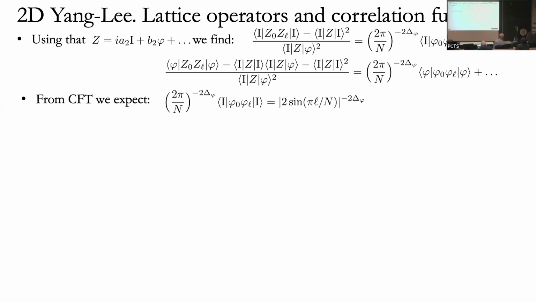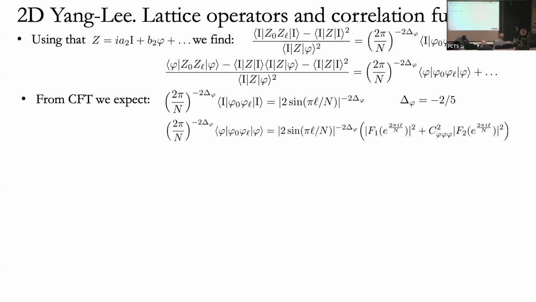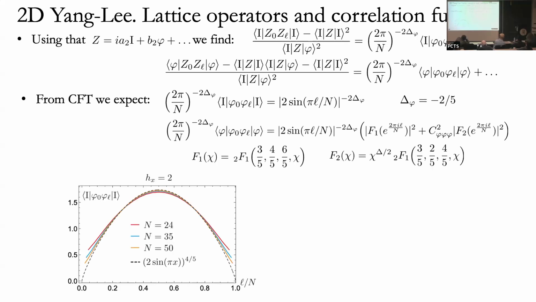From CFT, you would expect the correlation function, which is written in Cardy's paper, to use the vacuum, and that grows as a power. Using the identity operator, the excited state, and the vacuum state is actually phi. So the correlation function with the ground state is a 4-point function of phi, and on a circle it has this form with a hypergeometric function, and we checked that.